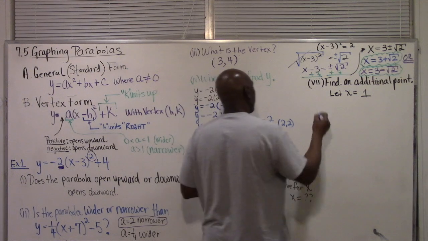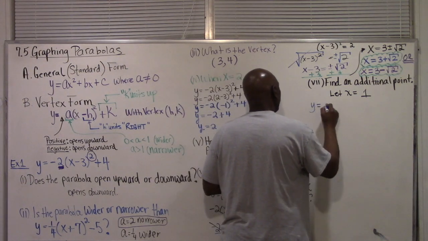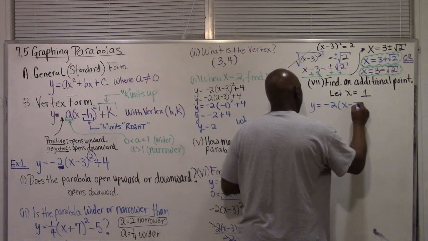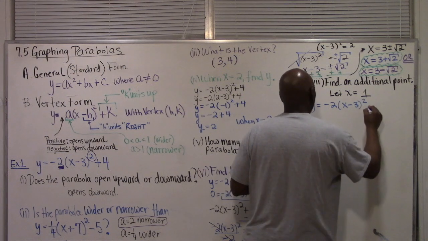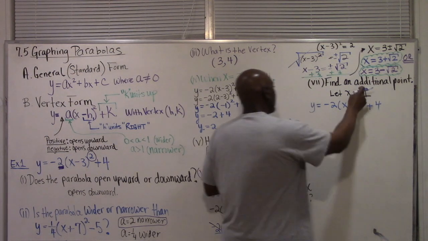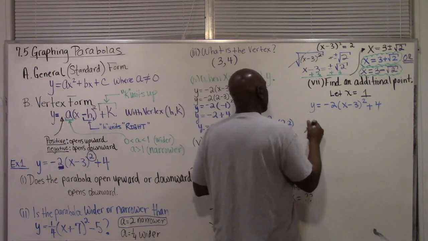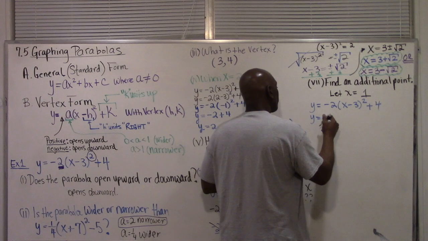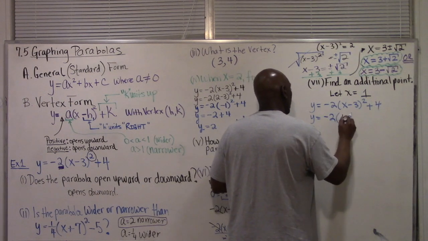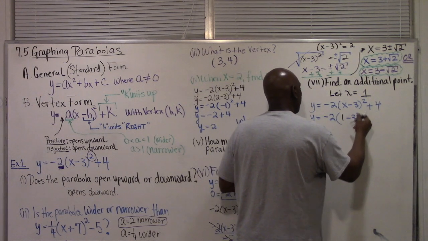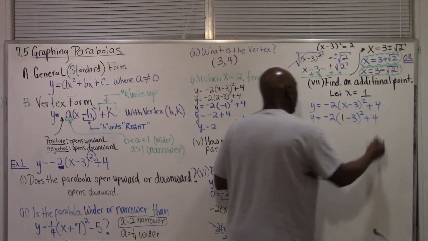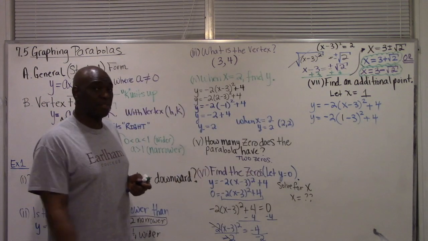So, here I go. y = -2(x - 3)² + 4. You said x is 1, right? So when x is 1, I'm going to have y = -2(1 - 3)² + 4. I'll put in 1 for x.